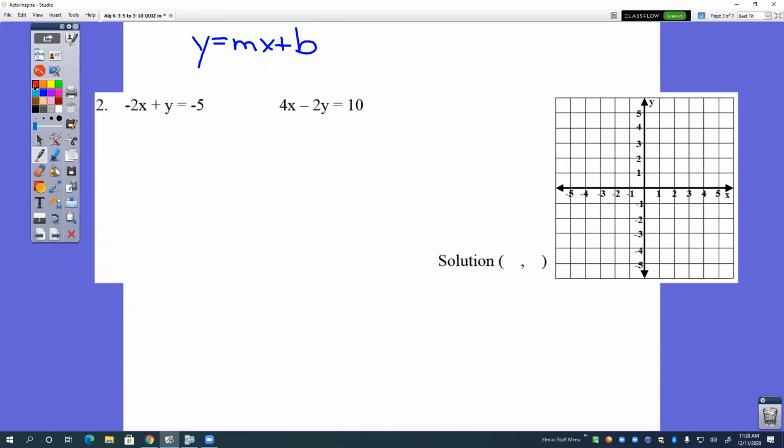So looking at the first one, we want to try and get this y all by itself. So to get this y all by itself, we need to get rid of the negative 2x. We get rid of the negative 2x by doing plus 2x and plus 2x. Whatever you do to one side of the equal sign, you have to do to the other. So these cancel out on that left-hand side. All we're left with is our y equals.